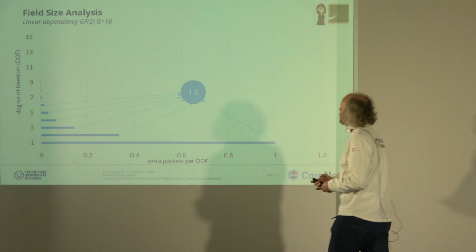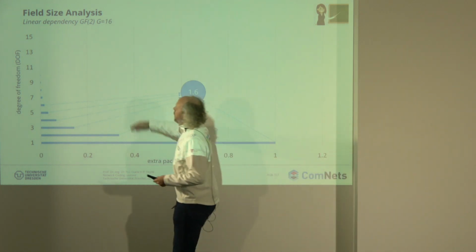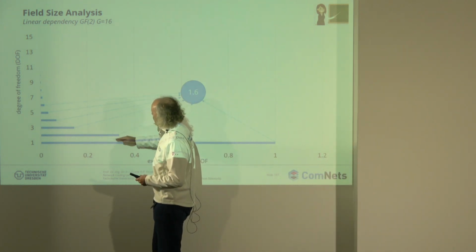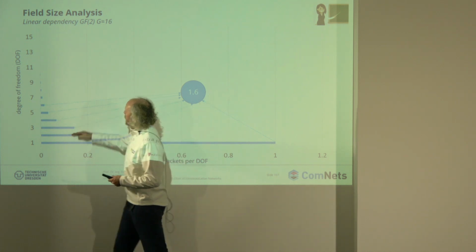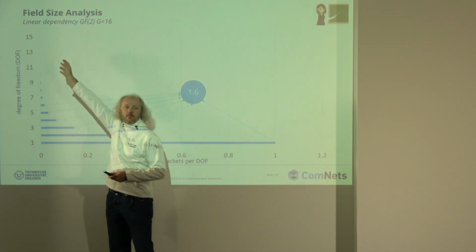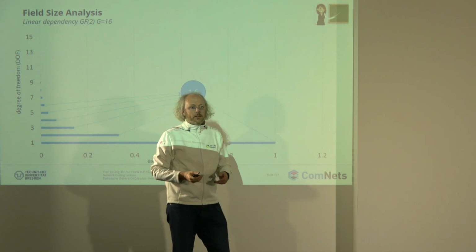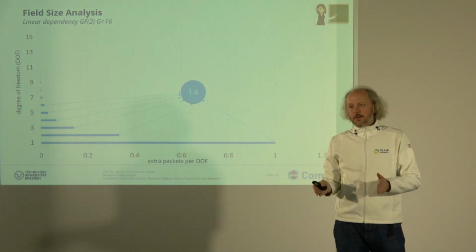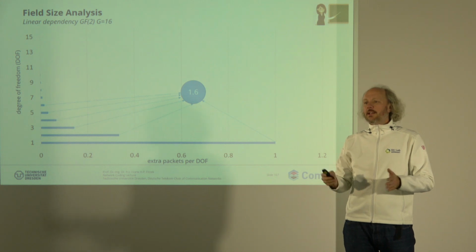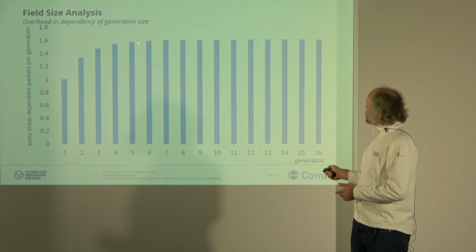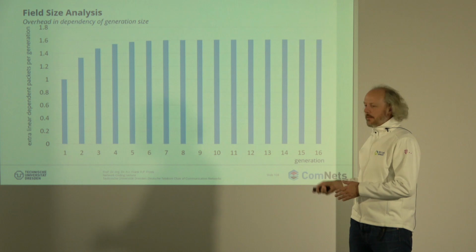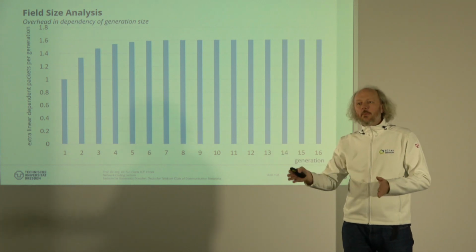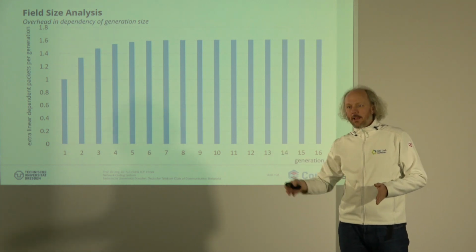Why is this? Because you don't make the sum over all of them. You make the sum over this is 1 packet, sum over 2, over 3. So when there is more, it doesn't matter. So just what you have to have in your mind. It doesn't matter what kind of generation size it is as long as we are larger than, let's say, 8, right? It's always 1.6 extra packets.